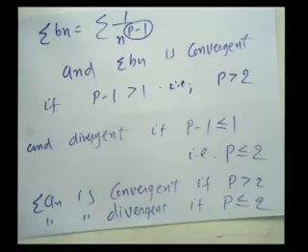So in this way we can solve examples of infinite series to check the convergence or divergence of the series using the comparison test and P series test both. This is the most important method to check the convergence of the series.